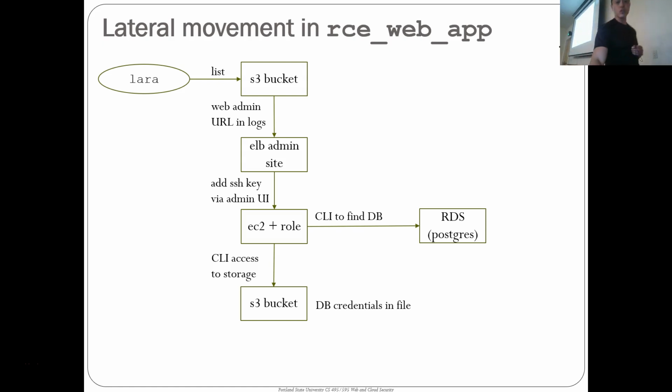And then because you know the location of the database and you got the credentials from this file, you can then just use standard command line access to the database and get all the information. So you can see this is more like a kind of compromise.